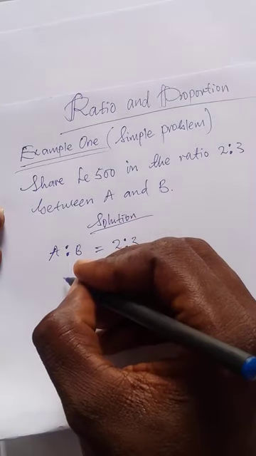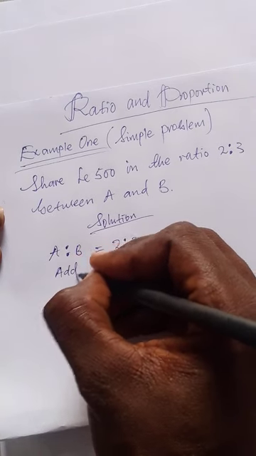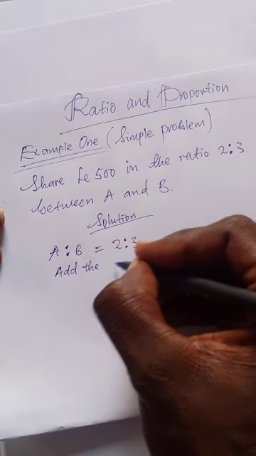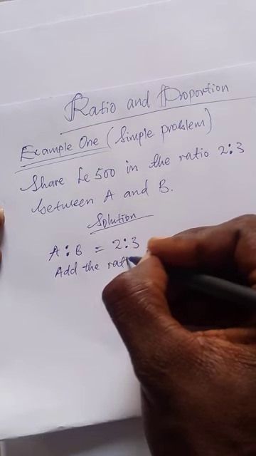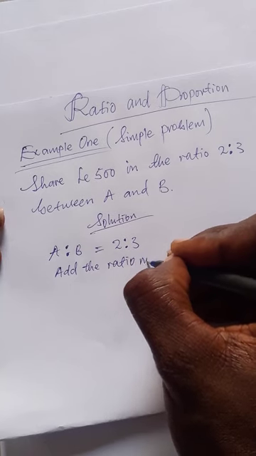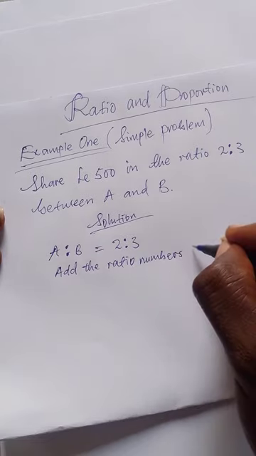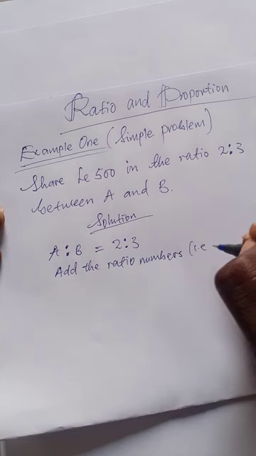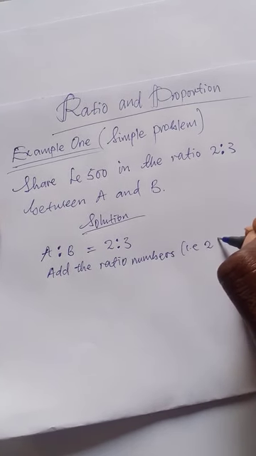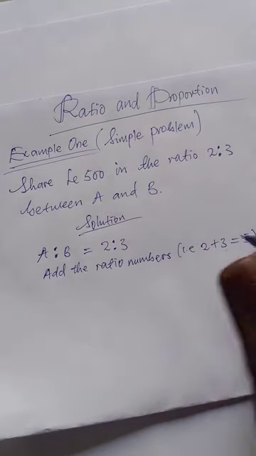So your next step is to add the ratios. Add the numbers, the ratio numbers. So that is 2 plus 3, which is equal to 5, okay?